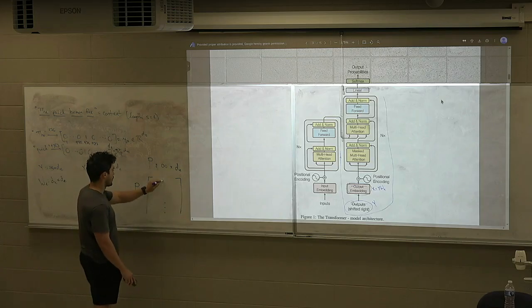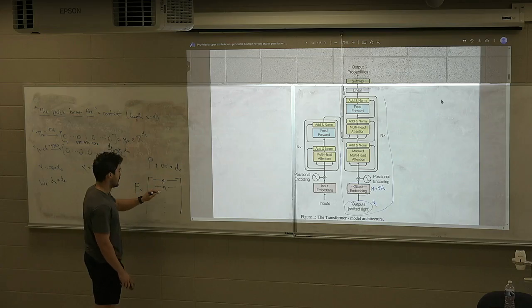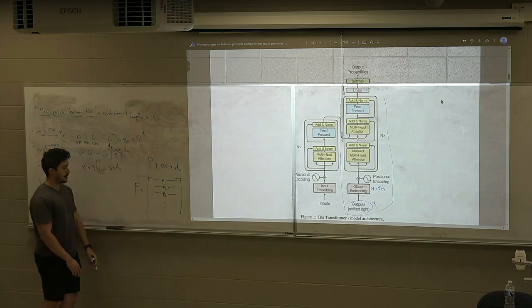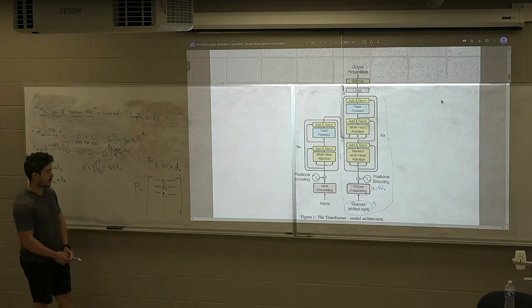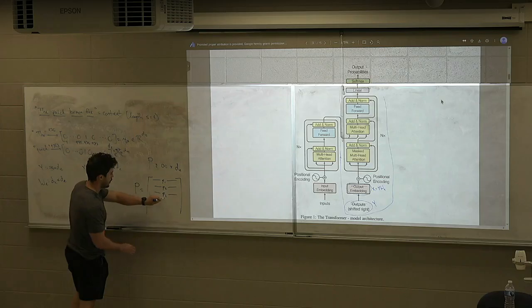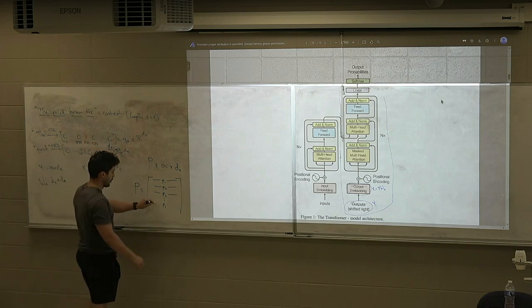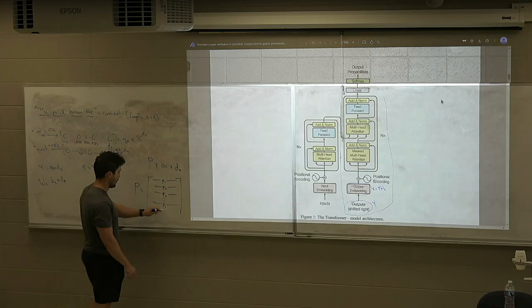It's going to be one row here, P1 and P2, another row, P3, and so on. And it just keeps going. I'm never actually going to have this in practice computed out all the way, of course. But in practice, what I'm going to do is truncate up to PS. So if I have a token sequence of length S, or 4 or something, I just go up to 4 rows.